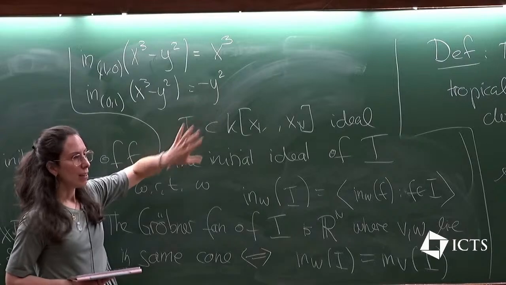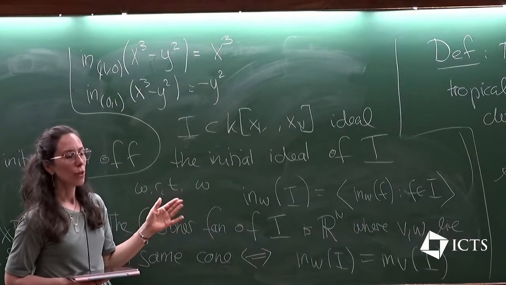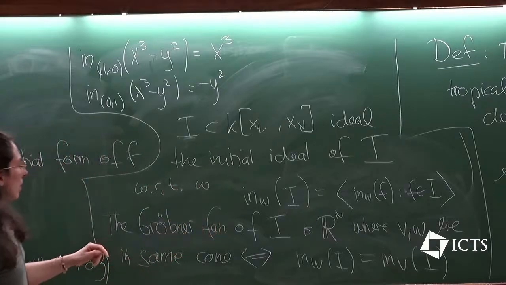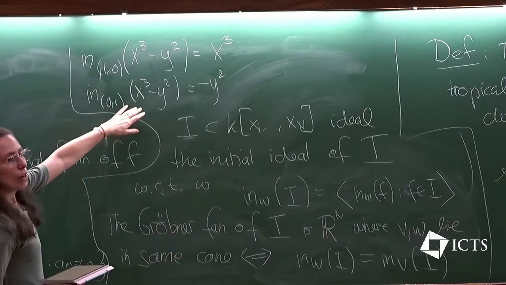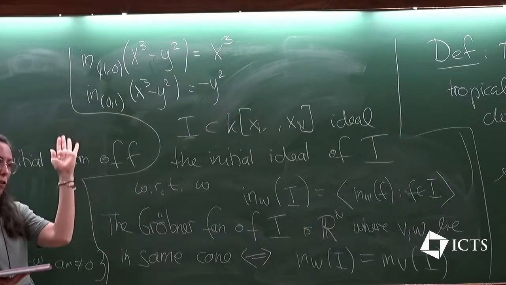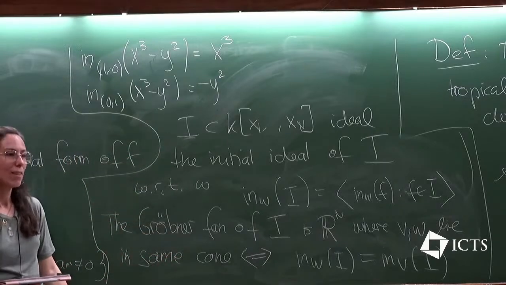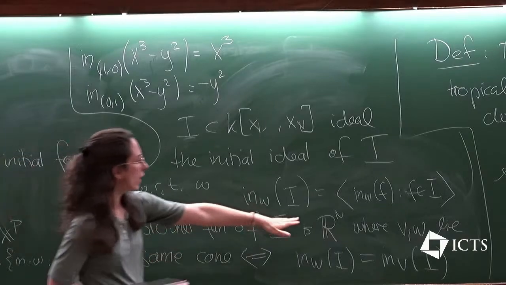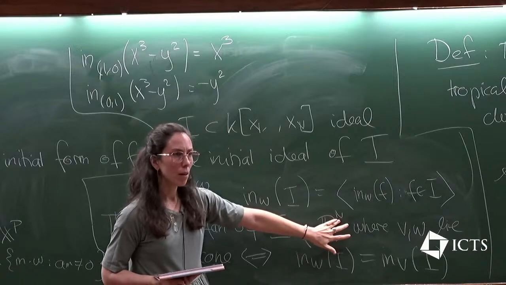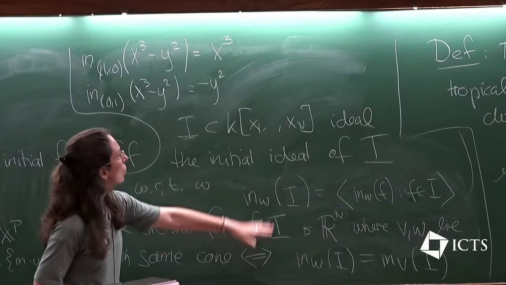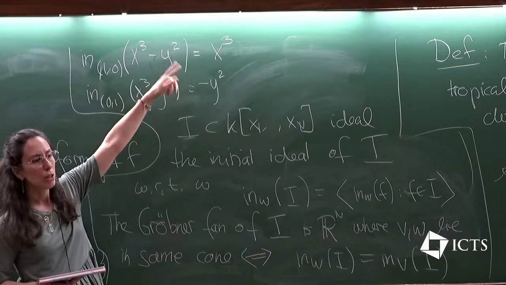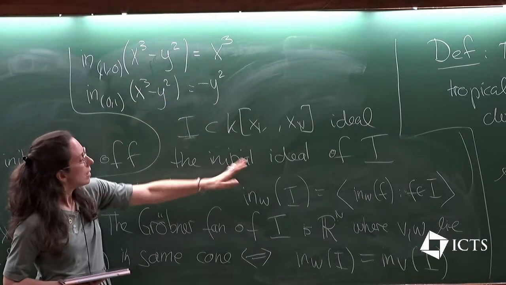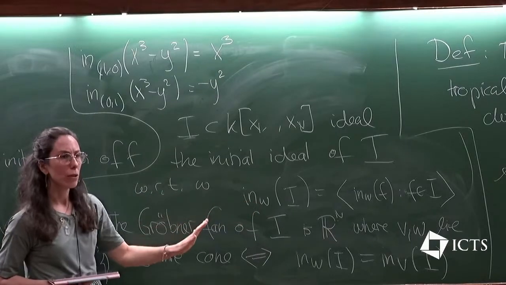But there are non-generic weights that will not give me monomials, and actually those are the ones we will be interested in for the tropicalization. Exactly, those will be intersections of these cones. So this is a fan that is full dimensional in R to the capital N. And maximal cones correspond to monomial initial ideals, where the initial ideal is generated by only monomials.